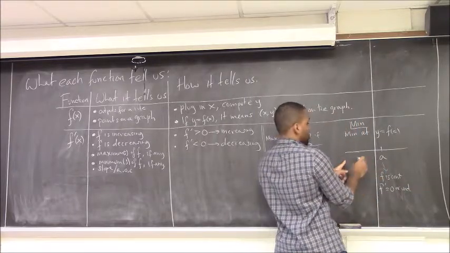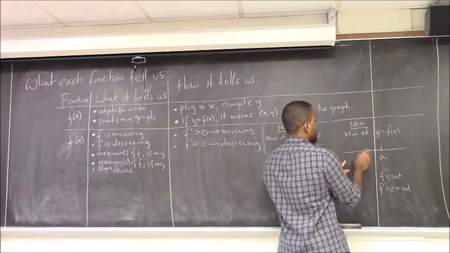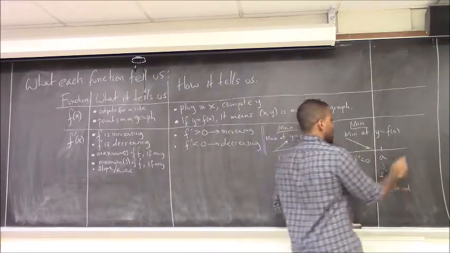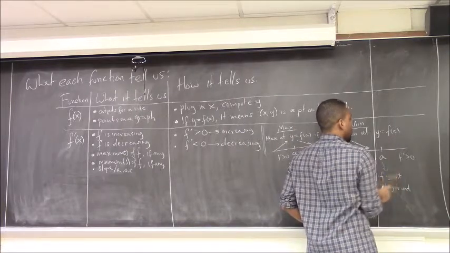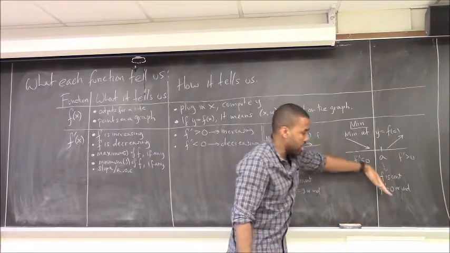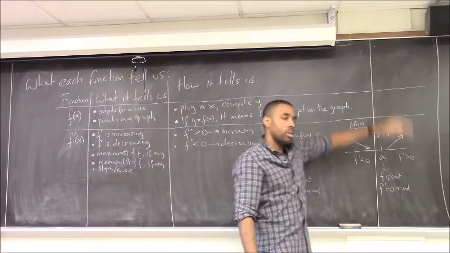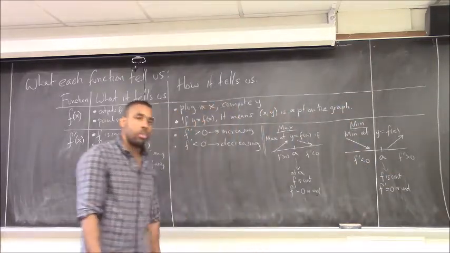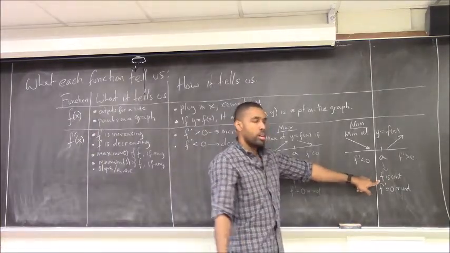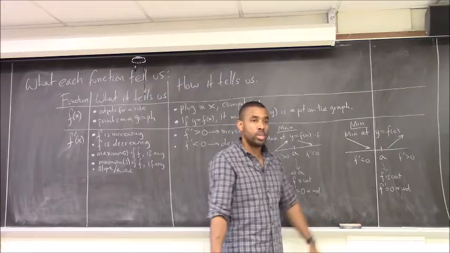On the left, though, our f was decreasing, so we're decreasing as we go towards A. And on the right, our derivative is positive, which means it's increasing as we leave A. So we're going down, and then we pass A, and then we start to go up. It means that at A, we hit a minimum point. A would be the lowest point, as long as there's actually a point there; the function itself has to be continuous.